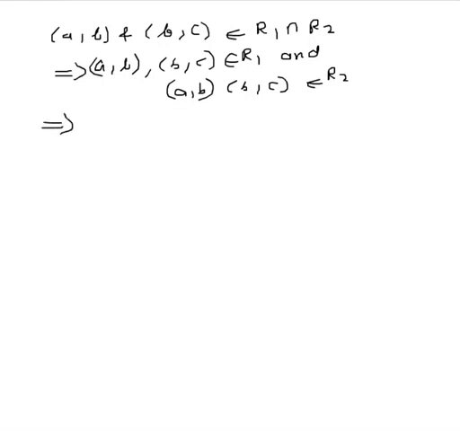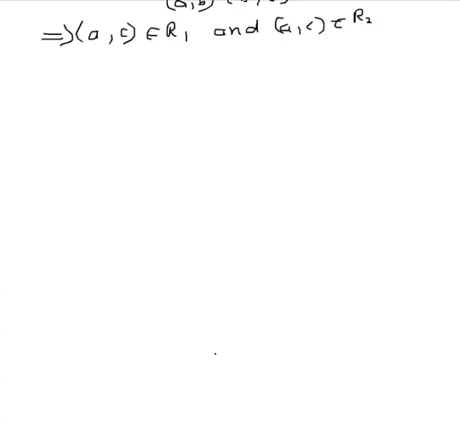And we know that R1 and R2 are transitive relations. So if (a, b), (b, c) are in R1, then (a, c) will be in R1. Similarly, R2 is also a transitive relation. Therefore, (a, c) belongs to R2. Now, (a, c) is in R1 as well as R2, so it becomes a common element. Therefore, (a, c) belongs to R1 intersection R2.